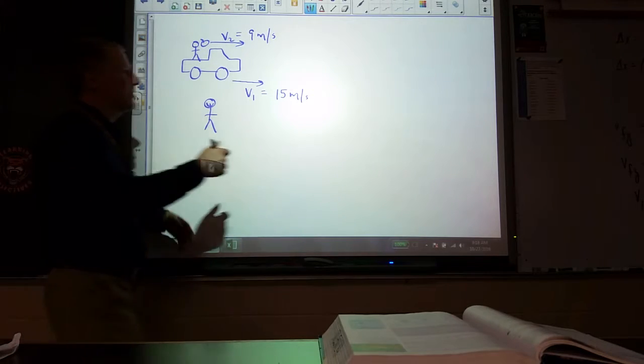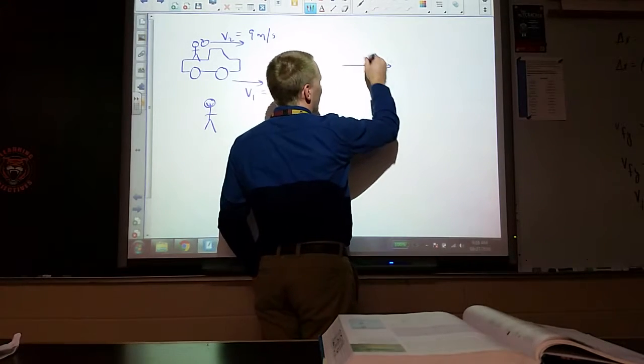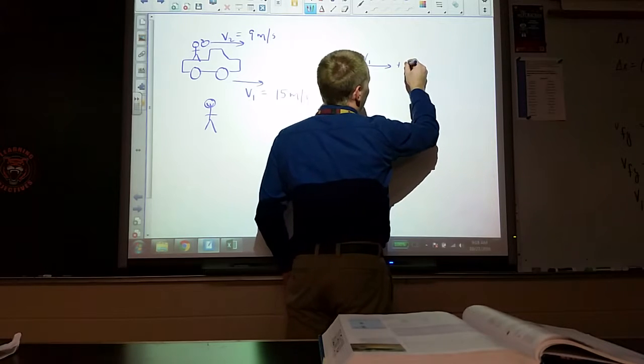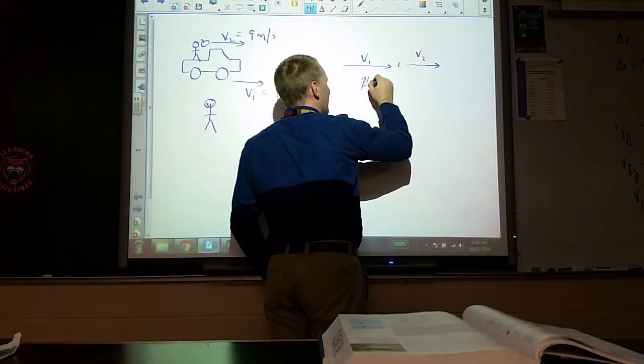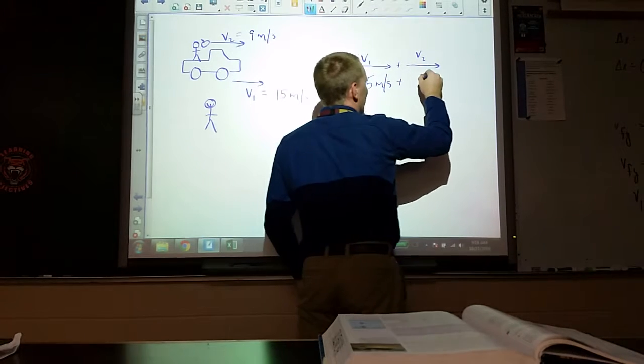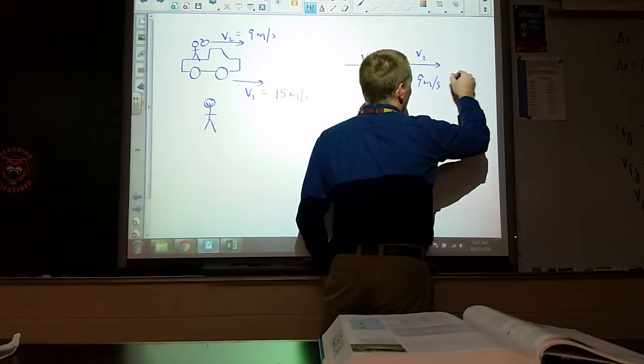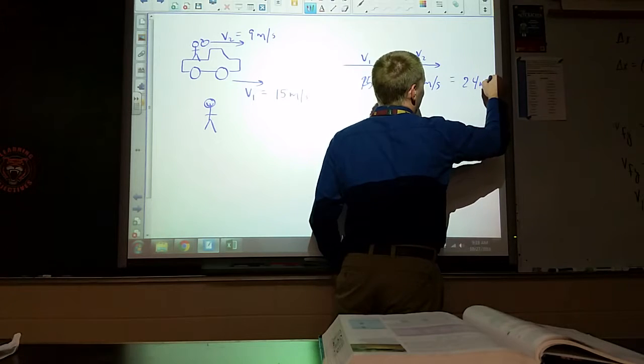You add them, right? Because you've got two velocities, v1 plus v2. You'd have 15 meters per second plus the 9 meters per second, and you would observe 24 meters per second total.